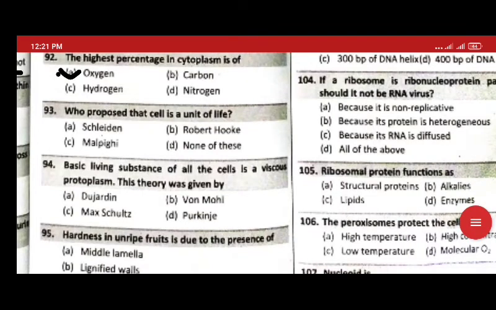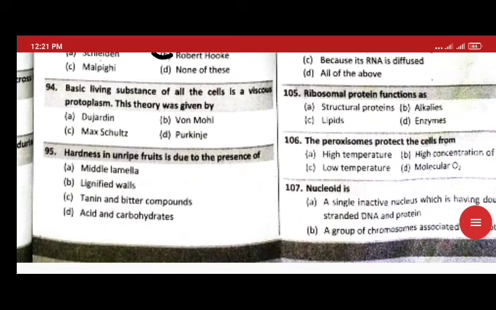Now who proposed that cell is a unit of life? So cell is a unit of life is proposed by what? Robert Hooke as the main source. Cell is the unit of life. Now 94, basic living substance of all the cell is a viscous protoplasm. This theory was given by.